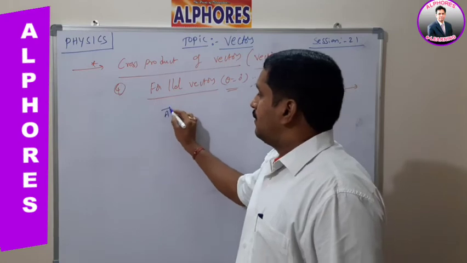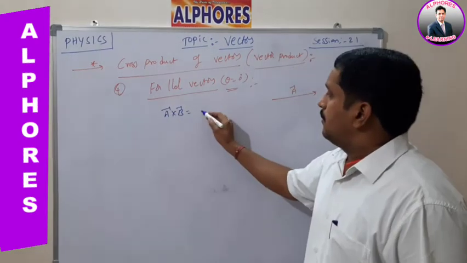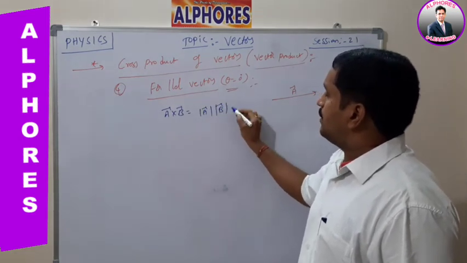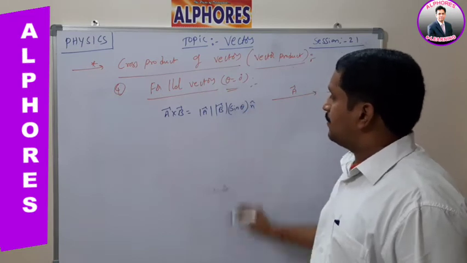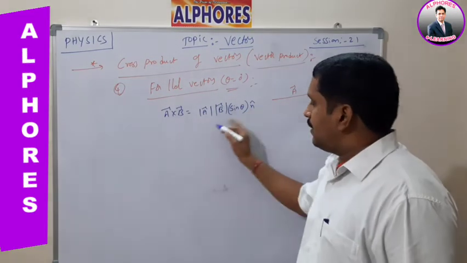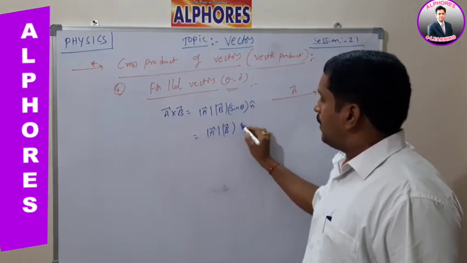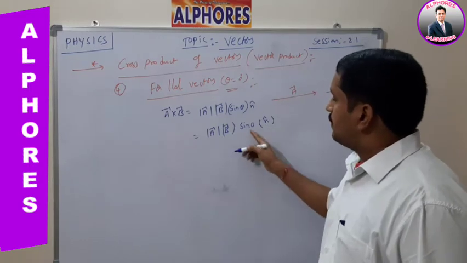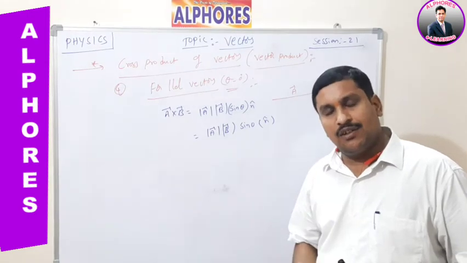Let us say A bar cross B bar is equal to modulus of A bar into modulus of B bar into sin theta into N cap. As per the definition, modulus of A bar into modulus of B bar into sin 0 into N cap. Sin 0 is always 0.